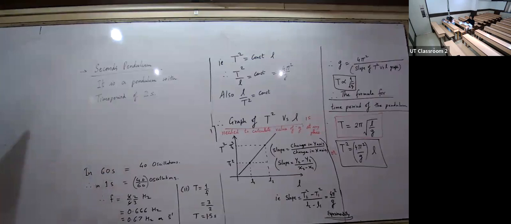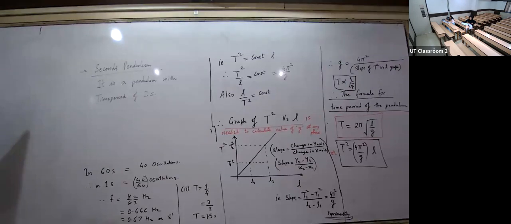Third, you try. What is question 3? A seconds pendulum is taken to a place where acceleration due to gravity falls to 1/4.